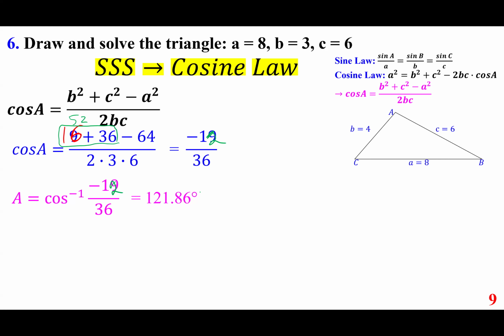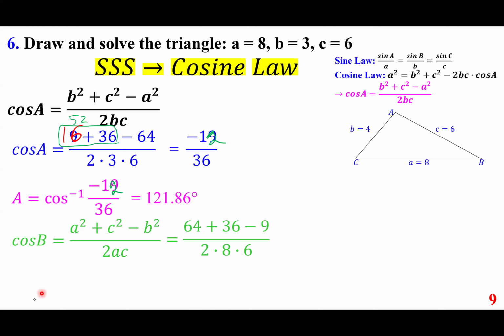So we have one of the angles. We find the second angle in the same manner. Cosine of B is A squared plus C squared minus B squared over 2AC. So we have 64, 36 minus 16. Again, there's a typo here. Oh, okay. I see what I did wrong. My apologies.